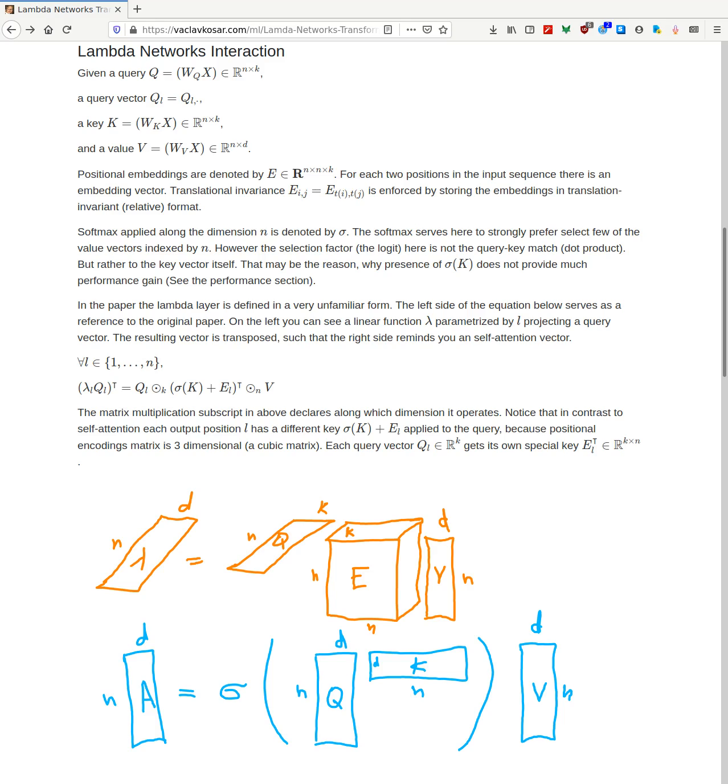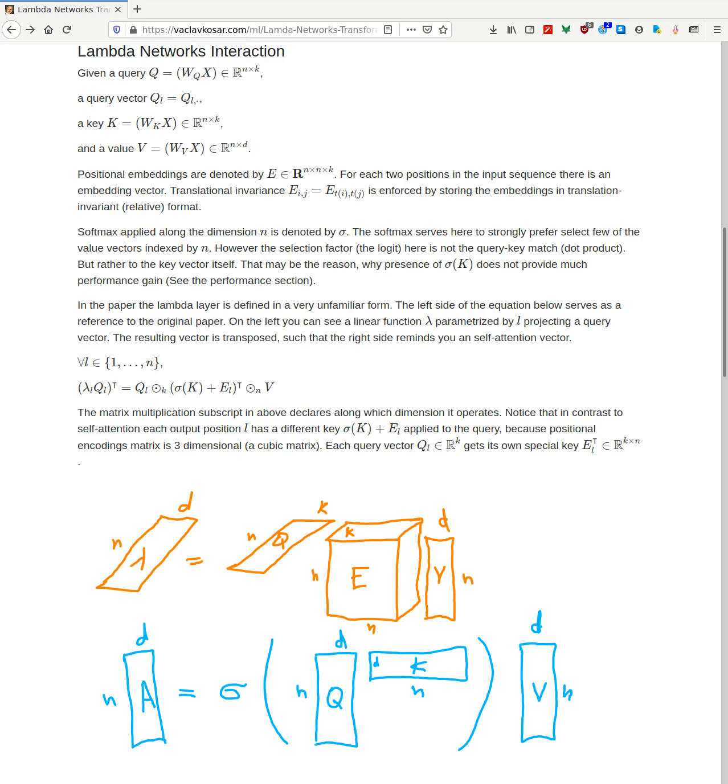Softmax applied along the n dimension is denoted by sigma. Softmax serves here to strongly prefer a select few of the value vectors indexed by n, right? But it's applied actually only to the key. However, as I mentioned, the selection factor here is not the key-query match, the dot product, as I mentioned before.